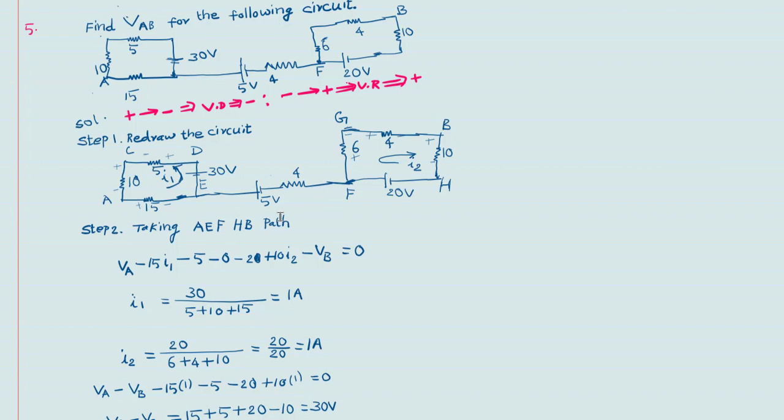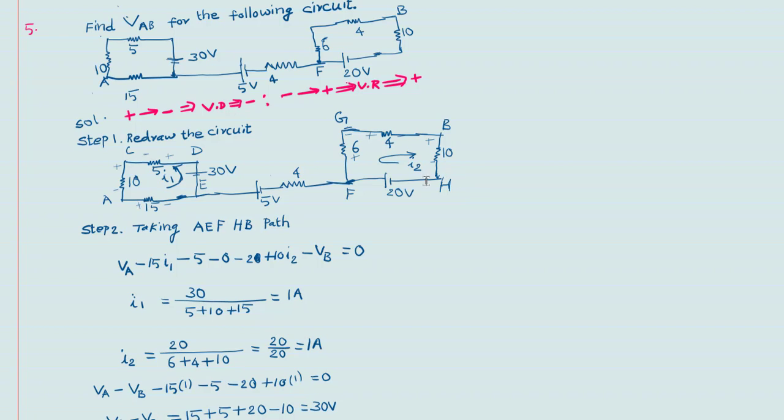And in between we have the 5 volts supply in series with a 4 ohm resistor, but no current flows in this because there is no closed circuit here. There is another loop called the second loop, and we assume the current direction like this. In the assumed current direction, we take one element first. I2 is entering the 10 ohm resistor. Entering the passive element we call positive terminal plus.